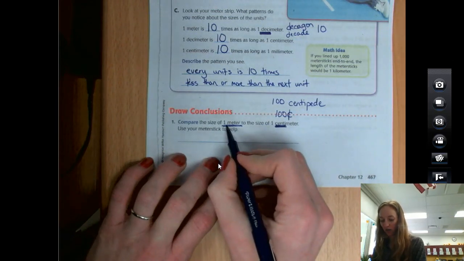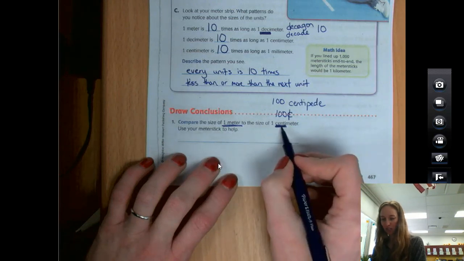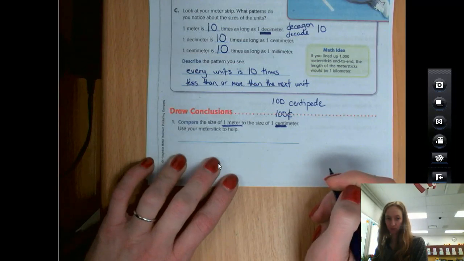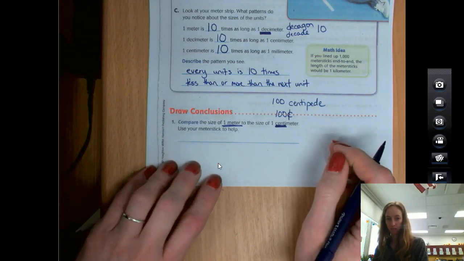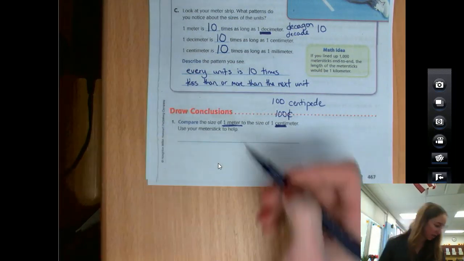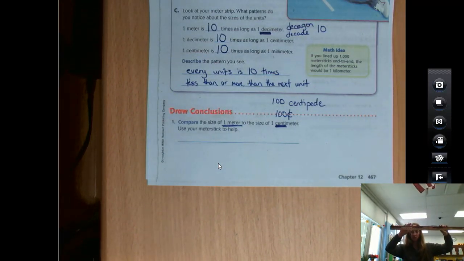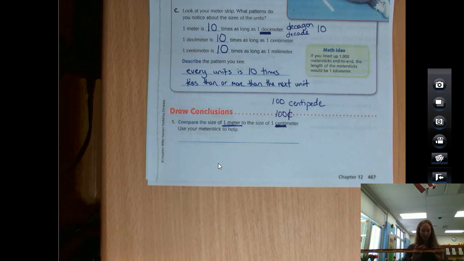So in 1 meter, how many centimeters would there be? 100, right? I'll show you. This is 10 centimeters, 20, 30, 40, 50, 60, 70, 80, 90, 100.